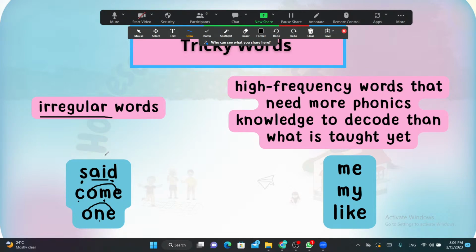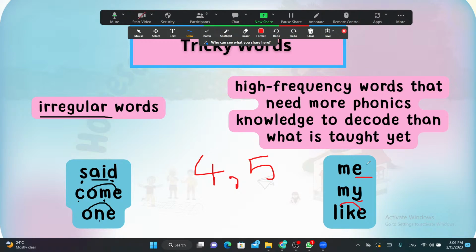You can also take high frequency words that need more phonics knowledge to decode than what is taught here. Now let's look at these words, for example, me, my, and like. Now these words are not irregular words. The spellings are not irregular, but yes, to a 4-year-old or to a 5-year-old, we cannot give the rules for these spellings.